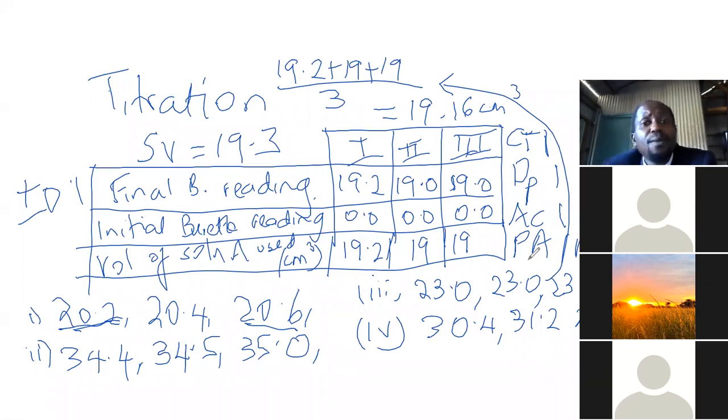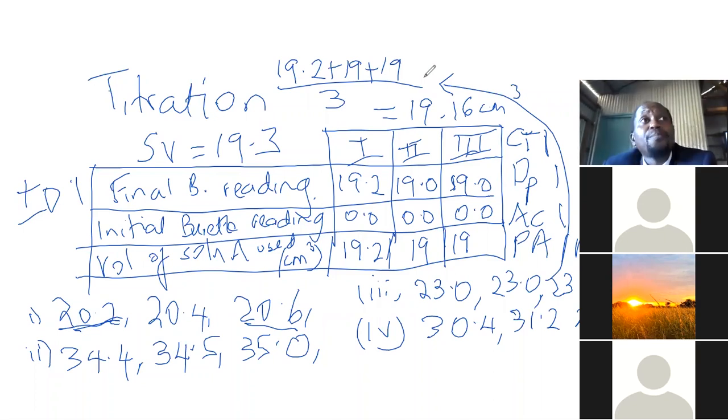Second, half a mark is at the answer. The intermediate step may or may not be shown, but it does not earn a mark. Whereby, for instance, here, we could have said 57.2 in my example, 57.2 over 3. You may or may not show, but it does not earn a mark.